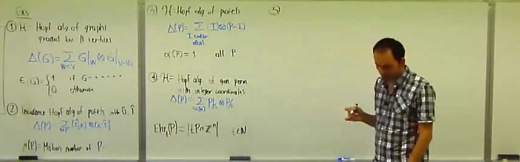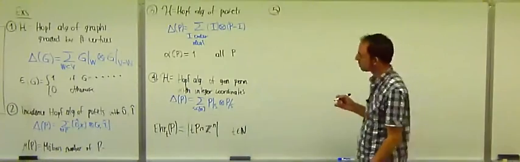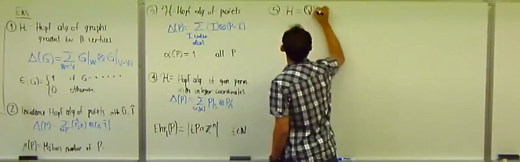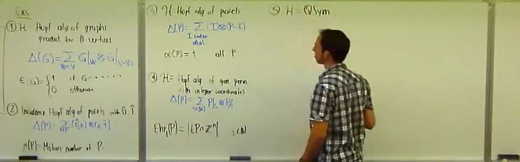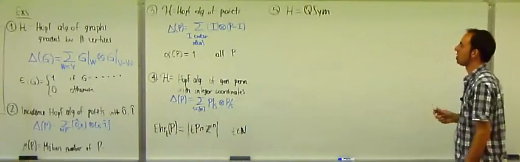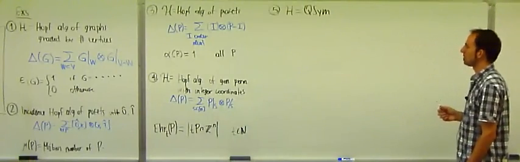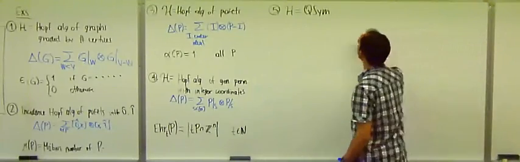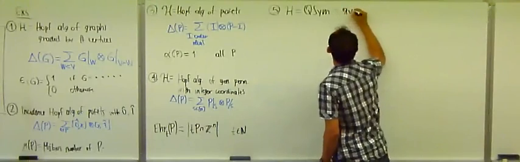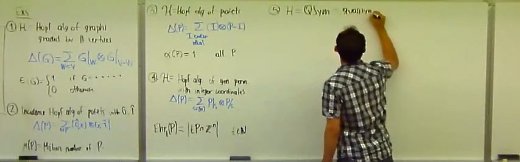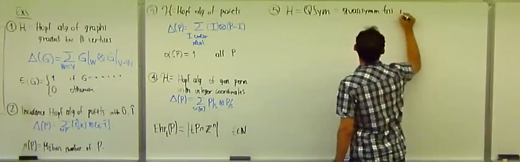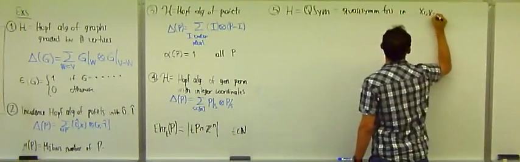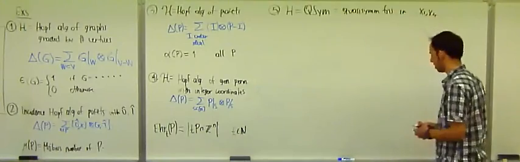A fifth example, which is very important, is QSym. So these are the quasisymmetric functions in x1, x2, etc. Okay.